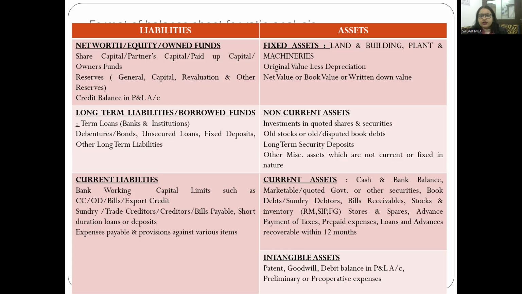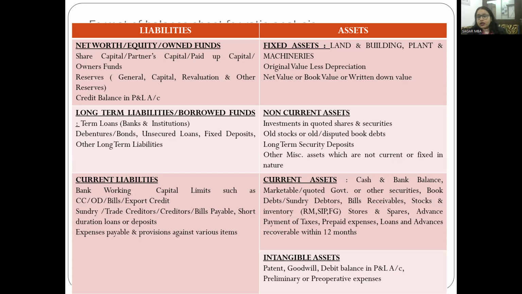Long-term liabilities are borrowed funds, long-term loans from banks and institutions, debentures, bonds, unsecured loans, fixed deposits, and other long-term liabilities. Non-current assets include investments in acquired shares and securities, old stock, old disputed book debts, and long-term security deposits. Other miscellaneous assets are not current or fixed in nature.